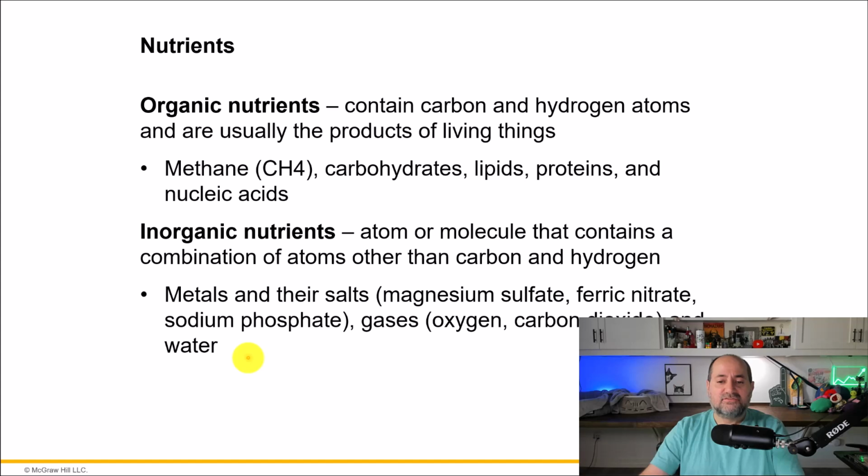Notice that they don't have both carbon and hydrogen. However, in order to grow, organisms need a source of organic nutrients as well as inorganic nutrients. Does that make sense? So we're going to talk about what organic nutrients organisms require and which ones are inorganic and where they acquire them and what they do. A little bit about what purpose those nutrients serve as well.